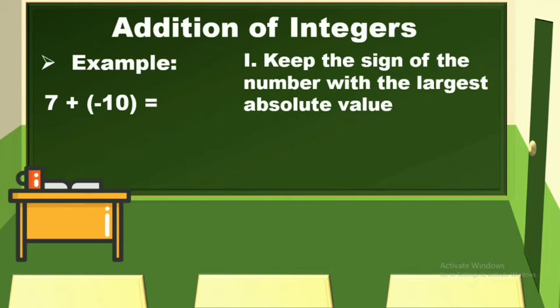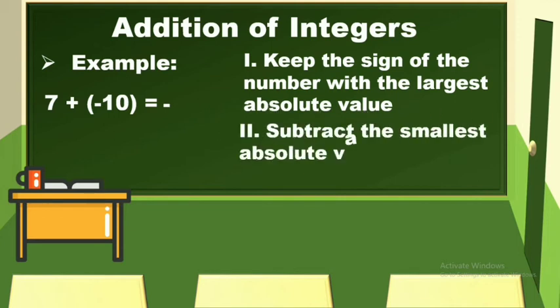That is negative. Now, step 2. Subtract the smallest value from the largest. Again, 10 minus 7, the answer is 3. So therefore, positive 7 plus negative 10 is equal to negative 3.